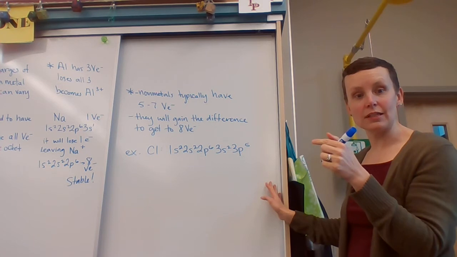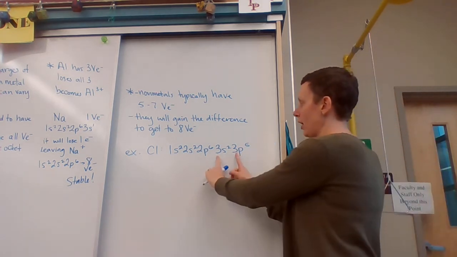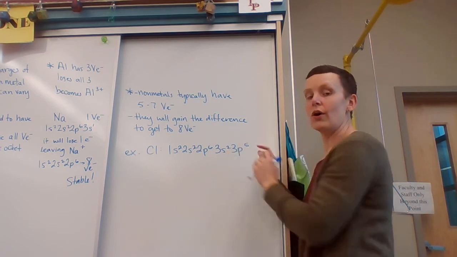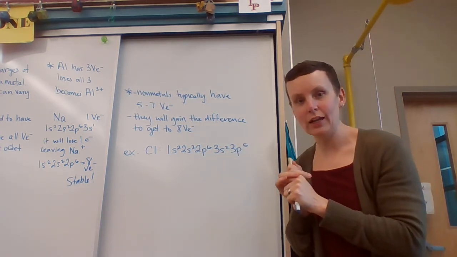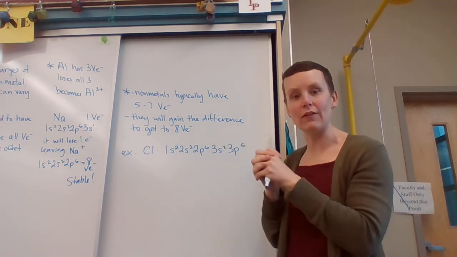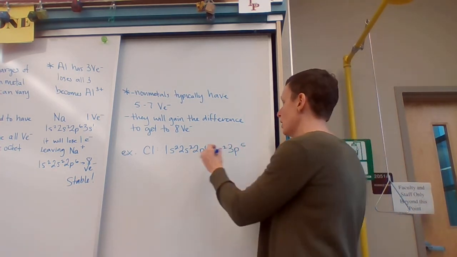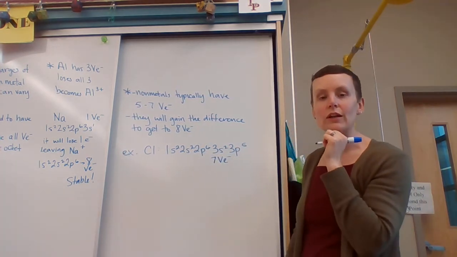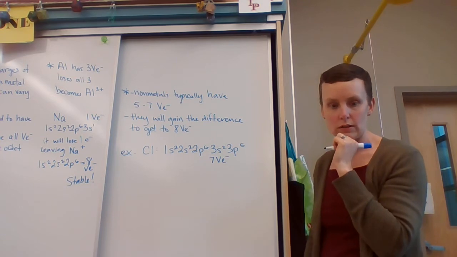How many valence electrons is that? You can tell by looking at the highest energy level, which has 2 here and 5 here, that's 7. Or look at its group number. Use the cheater way from now on, guys: look at the group number. Group 7A has 7 valence electrons. So 7 valence electrons. Not stable. We're looking for an octet, 8 electrons.